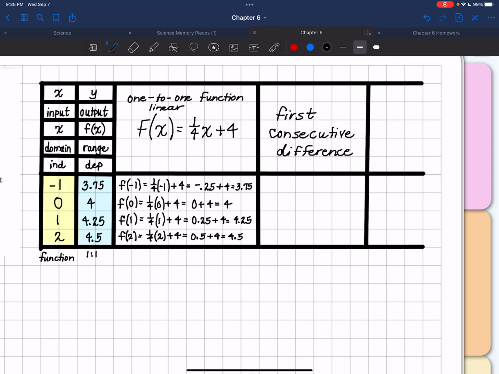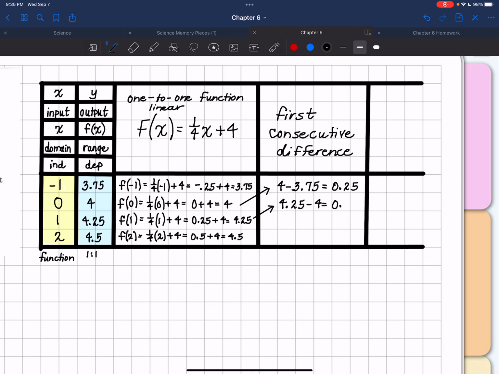Okay, remember how this works. You will bring this value up here. So we have 4 minus 3.75, and that is going to be 0.25. And then we have this value, 4.25 minus 4.